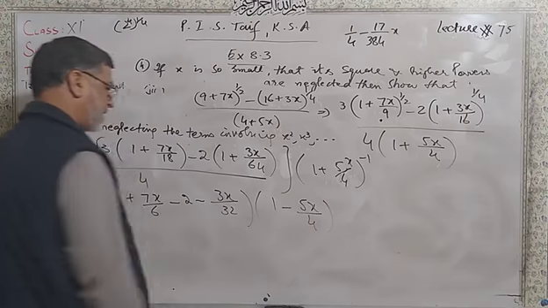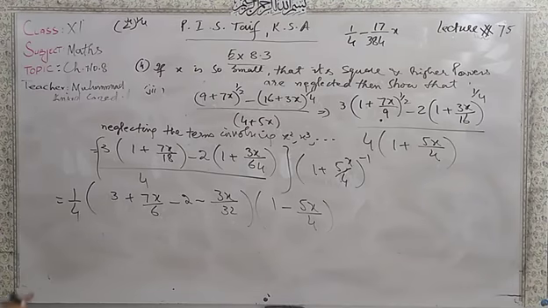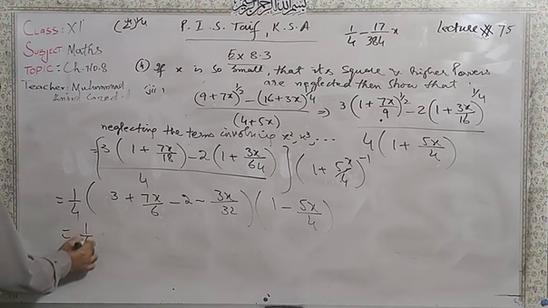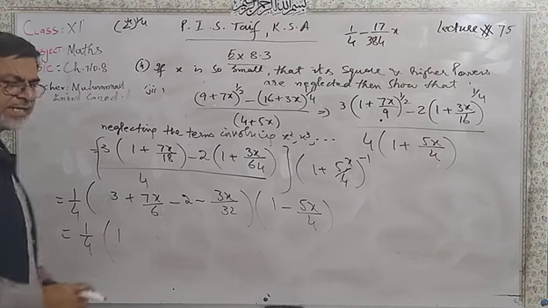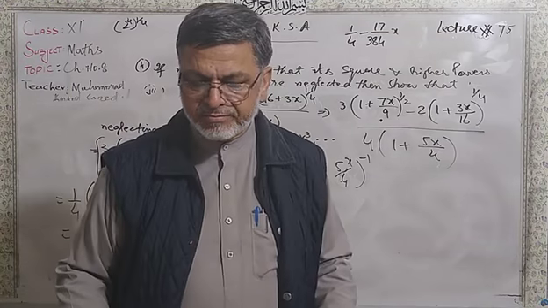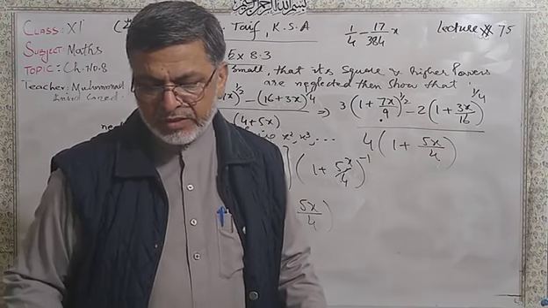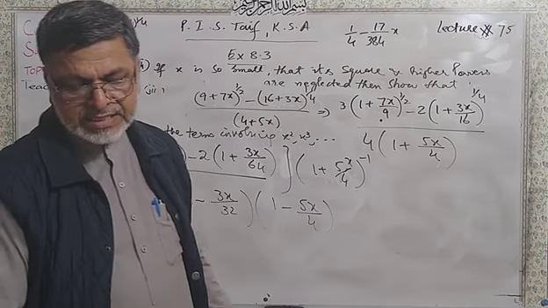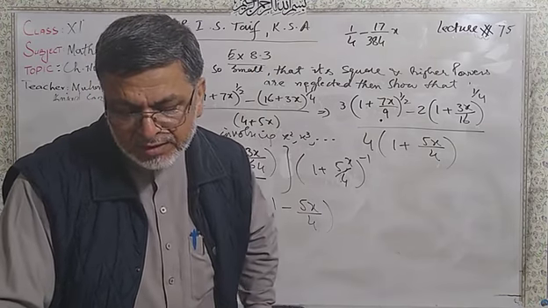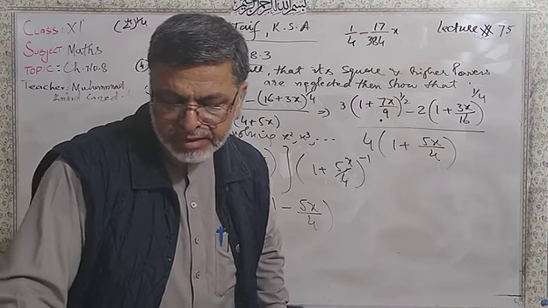That was 1 plus nx. Here is 1 over 4, 3 minus 2 is 1, then 7 over 6 minus 3 over 32.